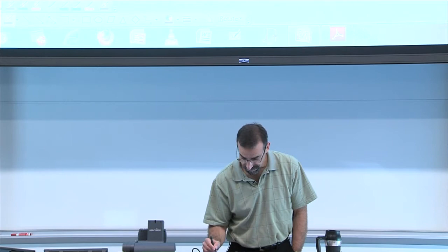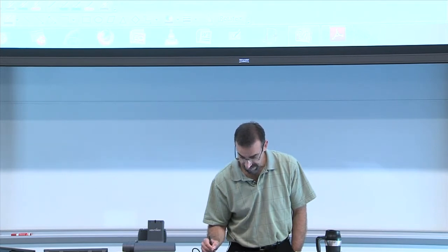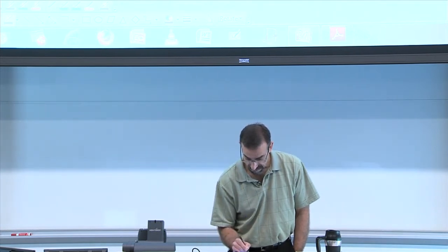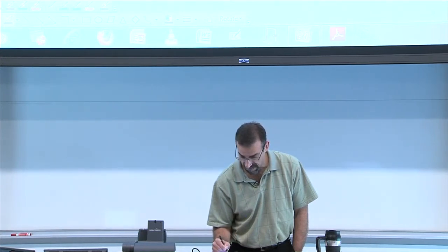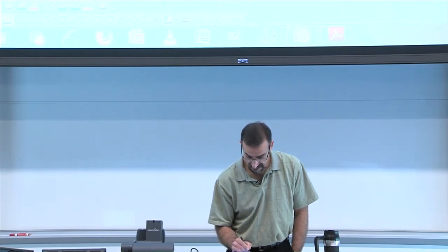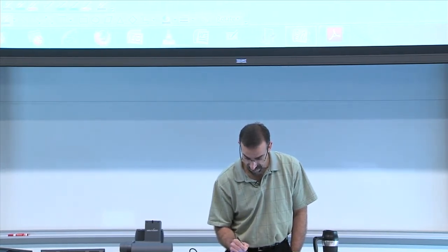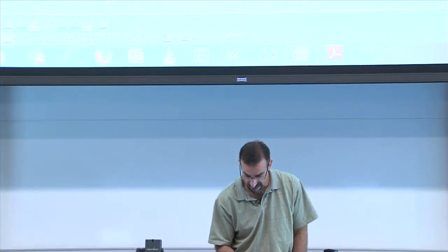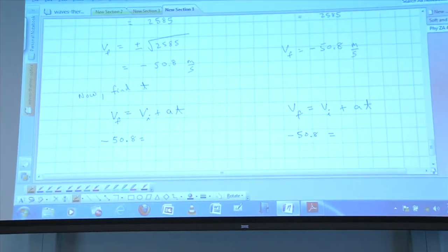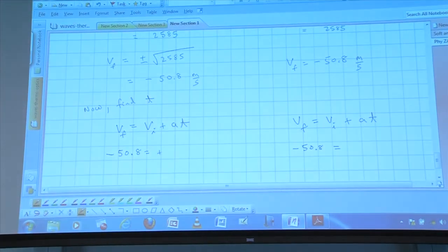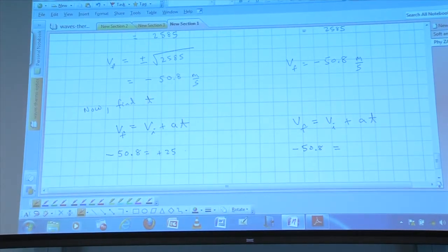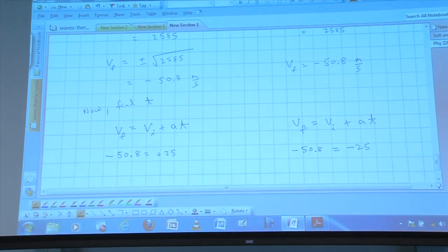So v final is v initial plus at. In this case, both the v finals are the same, right? Minus 50.8. Always use the signs properly. V initial in the first case was a positive 25. And v initial in the second case was a negative 25.